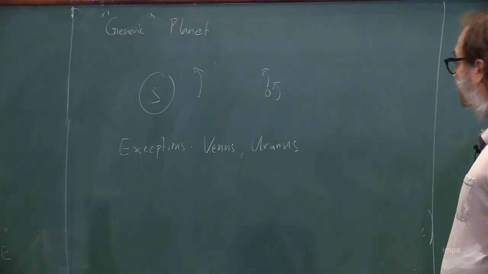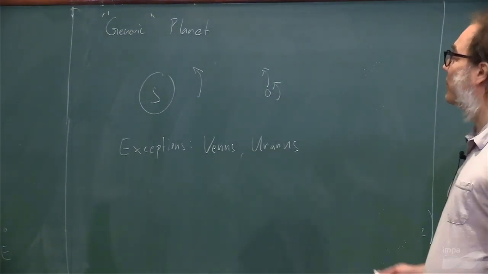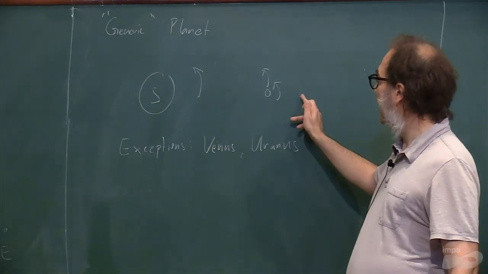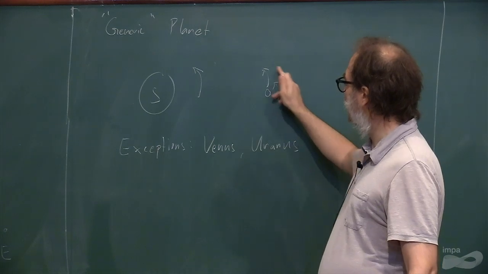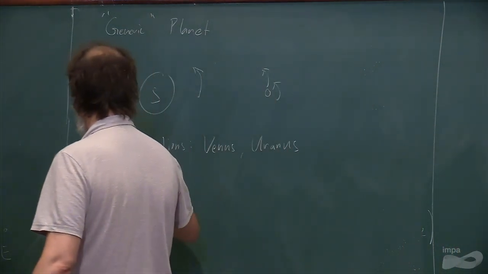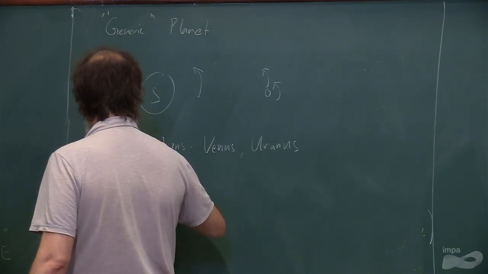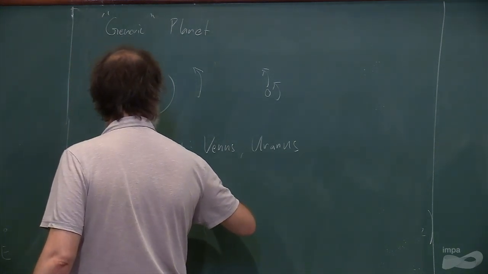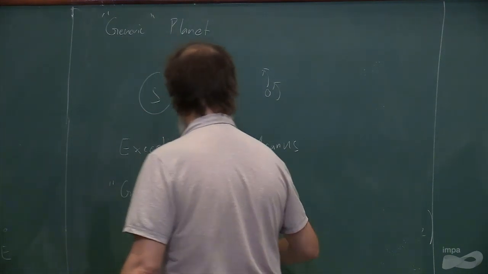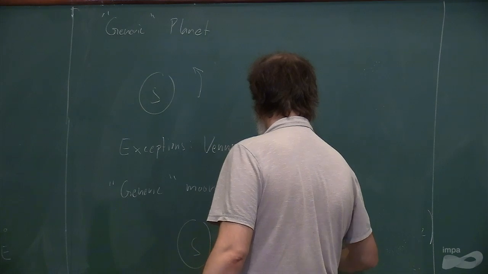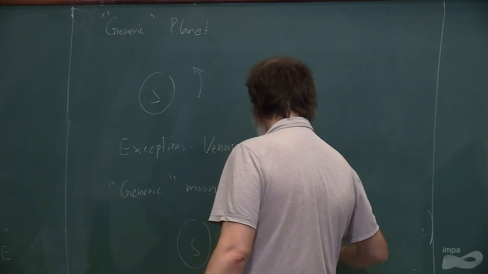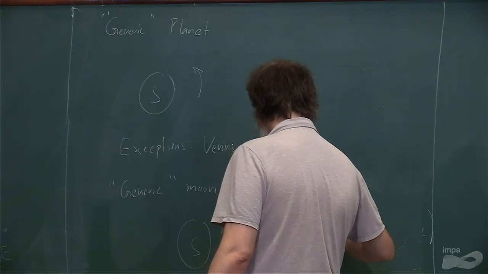And then the moon, so what are the generic moons doing? The generic moon does like the planet. So we have here the sun, we have here the planet, and the moon also goes like this.